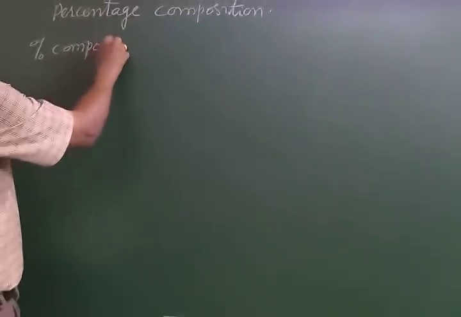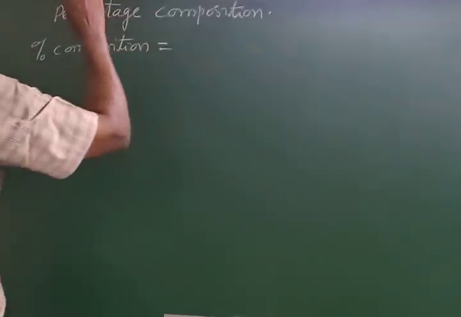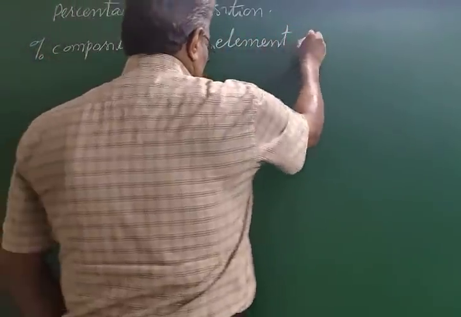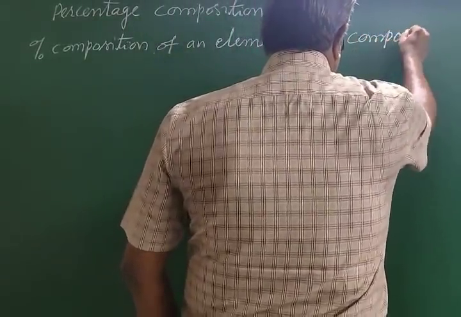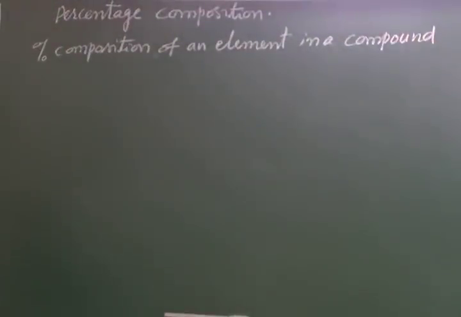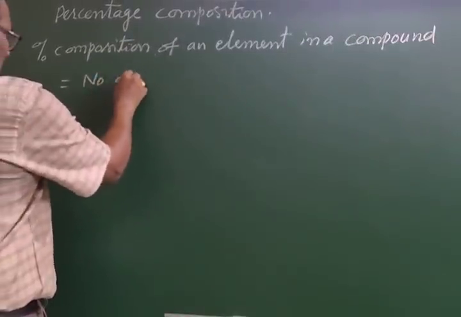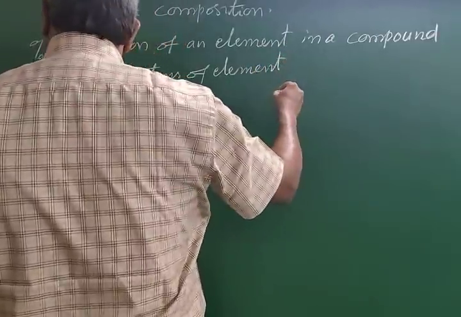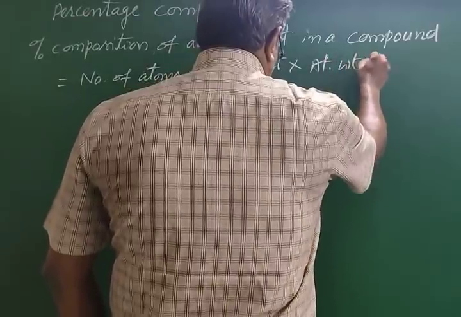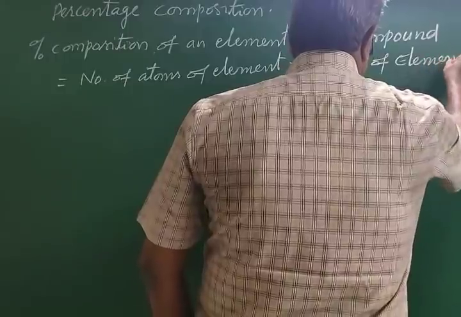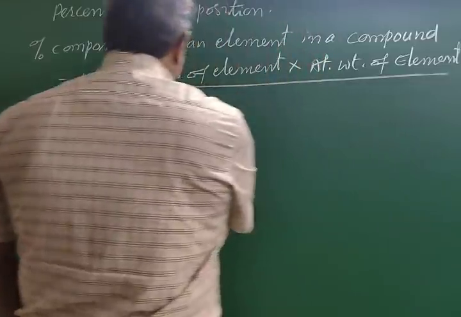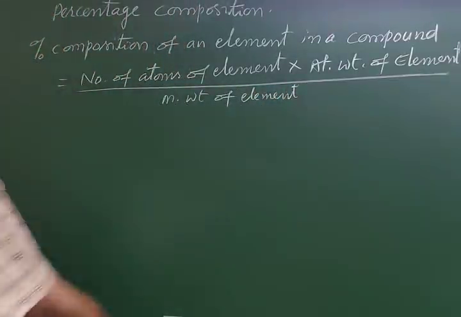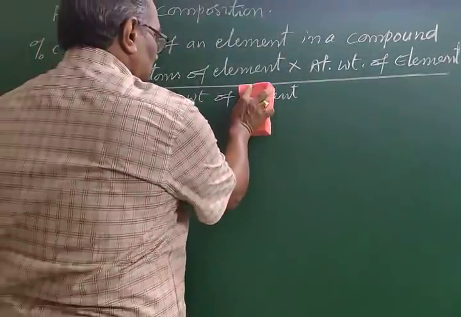Percentage composition of an element in a compound is equal to the number of atoms of the element into the atomic weight of the element, divided by the molecular weight of the compound, into 100.